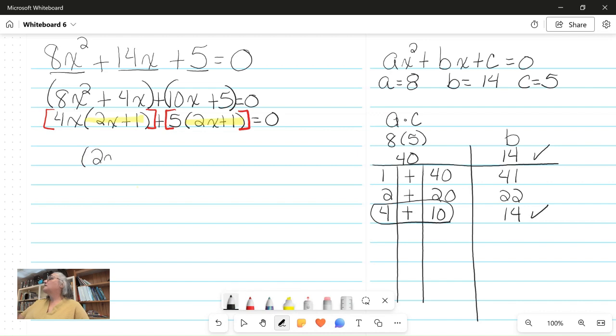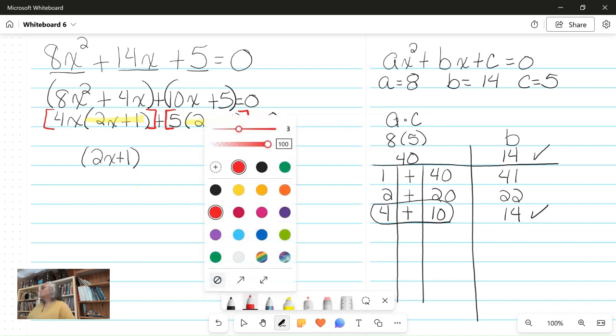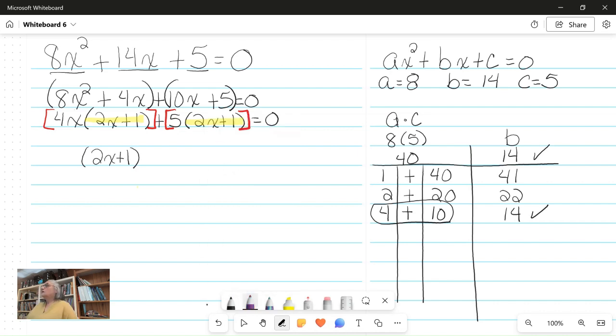I've used both of those, and now I am left with a 4x and a 5 with a plus in between. So I multiply that 2x plus 1 by 4x plus 5, and that equals 0.